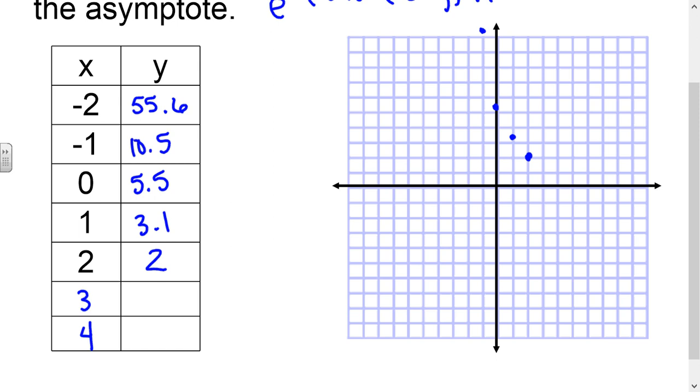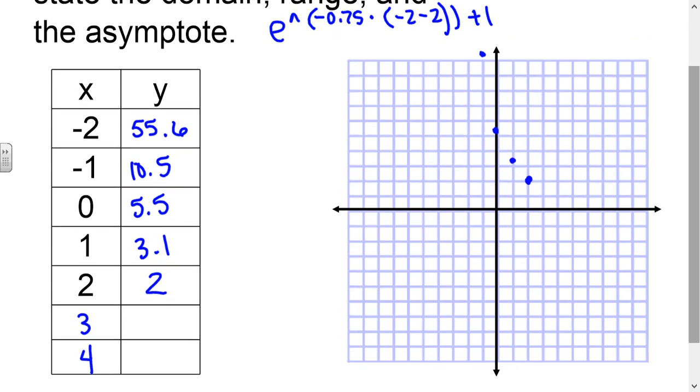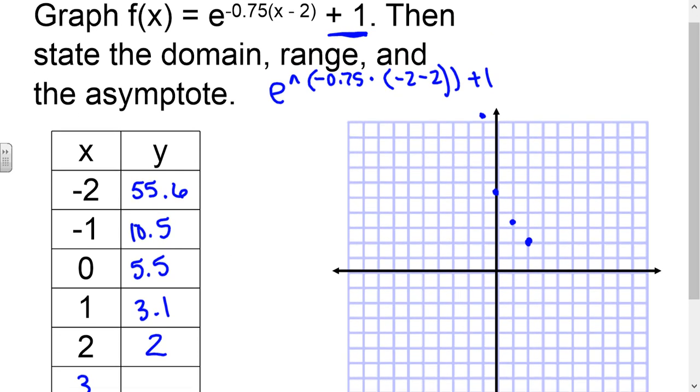So I'm going to plug in 3 for x. If I go back up to my equation, I'm going to have 3 minus 2, which would be 1. Then multiply it by negative 0.75, so we take e to the negative 0.75 power, and then plus 1. That would be about 1.5.